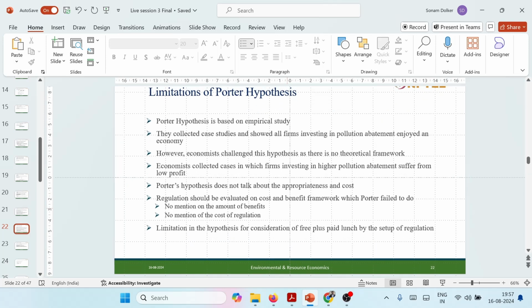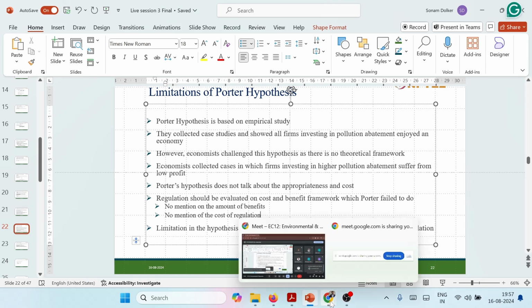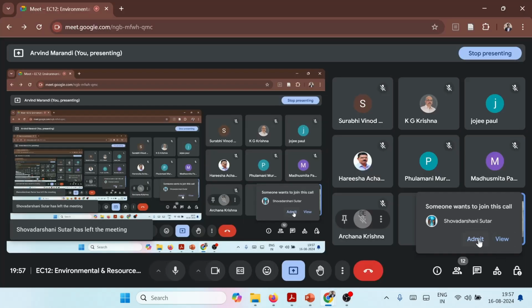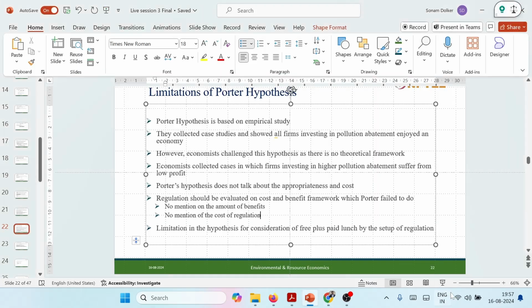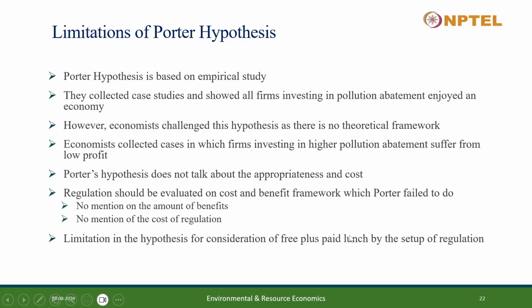After that, they say that Porter assumes that the cost of regulation is zero. After imposing regulation, there is no cost which the firm has to incur.